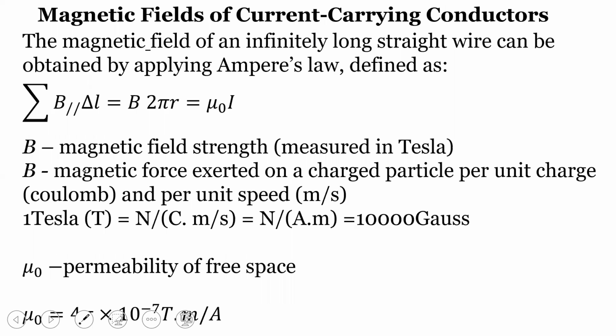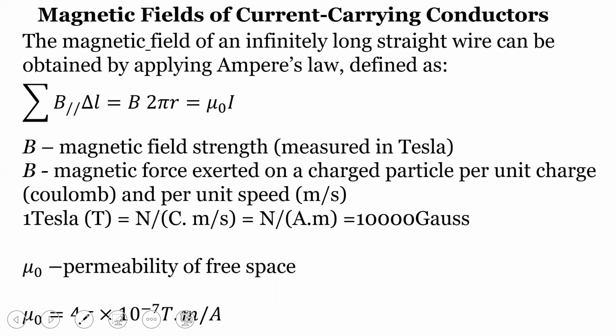So the magnetic field of an infinitely long wire can be obtained by applying Ampere's law, which is defined in this equation. When we say current is flowing in a wire, we may not necessarily know the length of the wire, but if we say it is infinitely long, that is very long, such that the length is of not much importance to us.